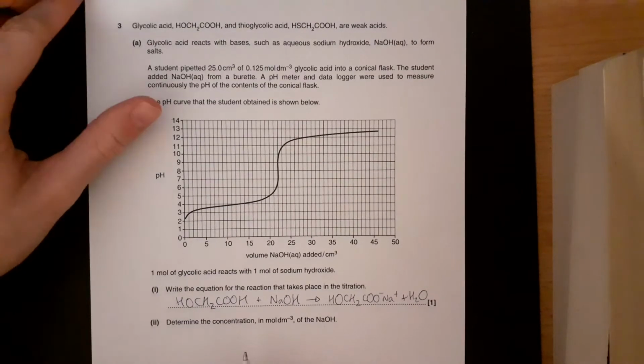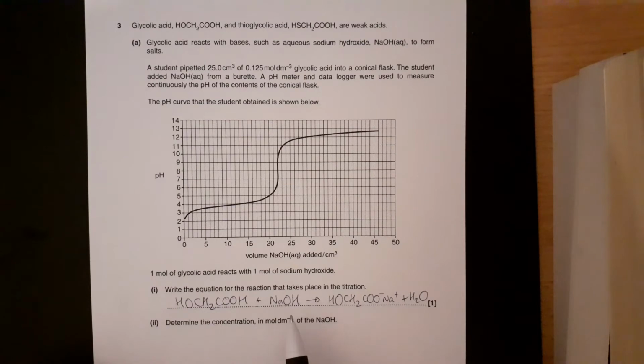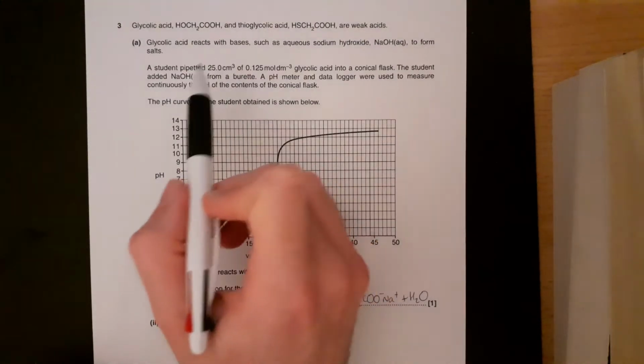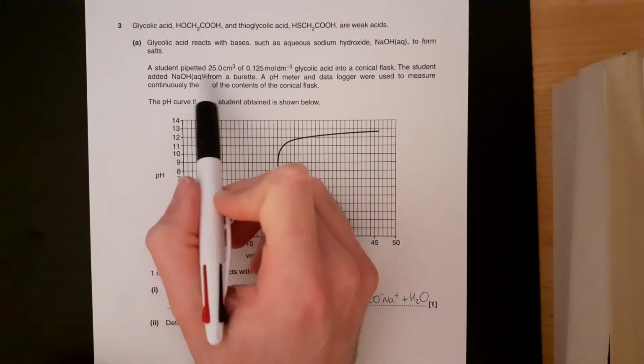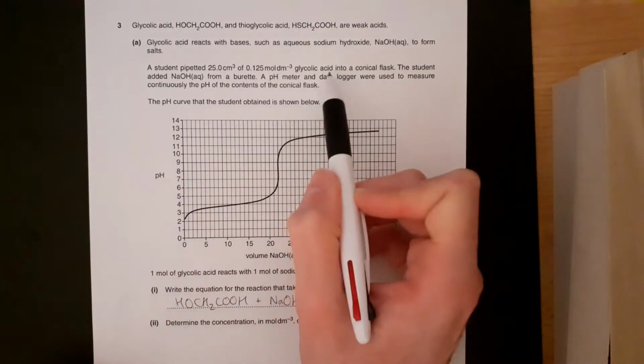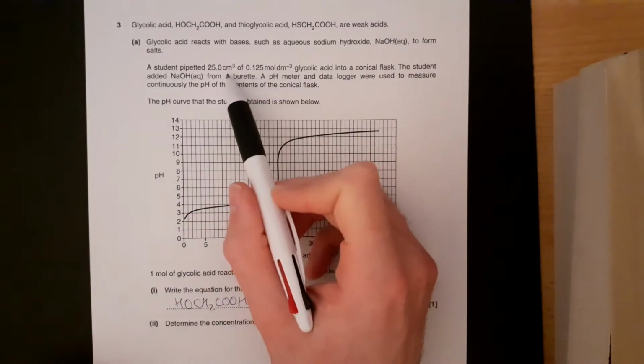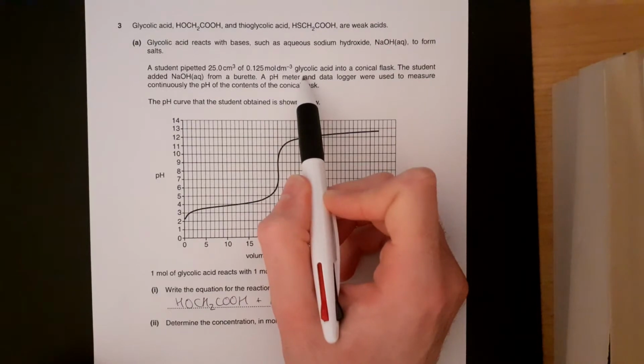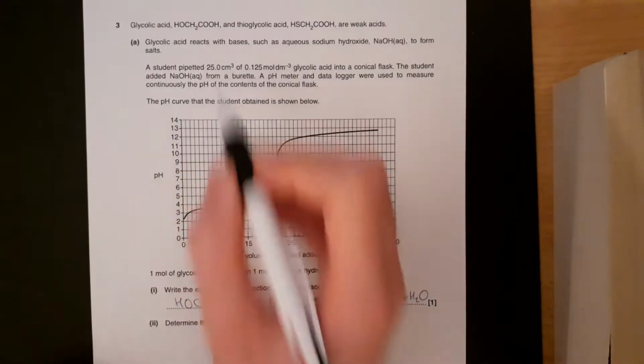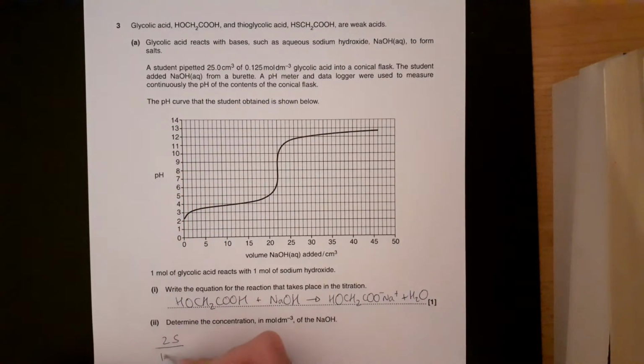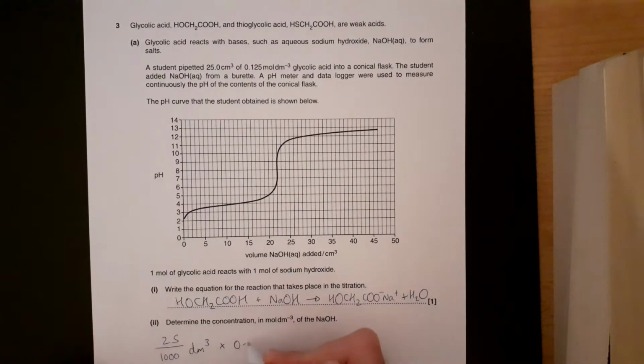Right, it then says determine the concentration of the sodium hydroxide. So we've got to do some sort of a calculation here. So what numbers have we got? They've given us numbers here. This is the volume and the concentration of the glycolic acid. So let's start with these two and calculate the moles. We're going to do 25 over 1,000 to get that into decimetres cubed, times that by the concentration.